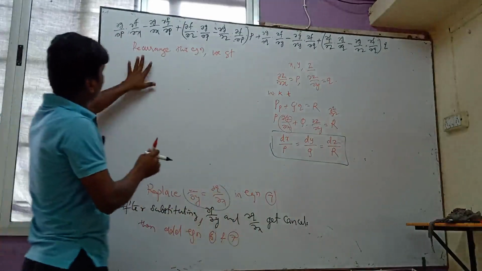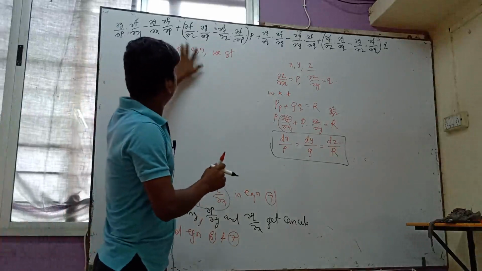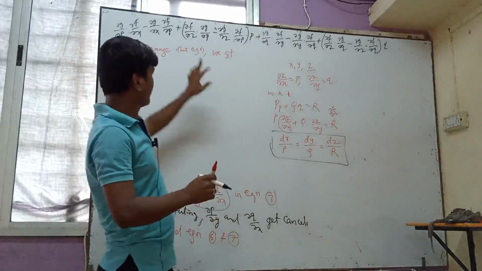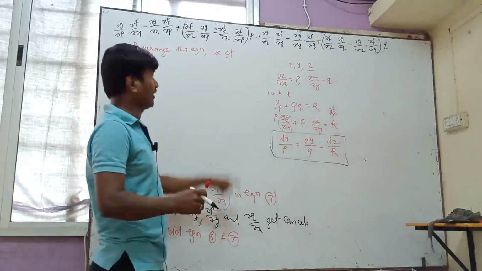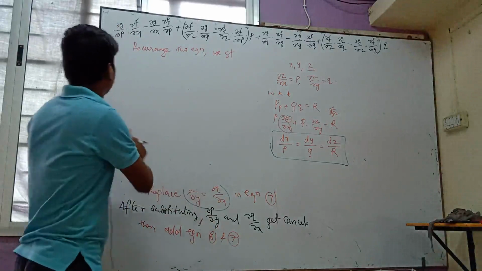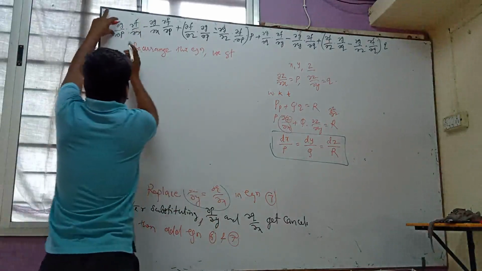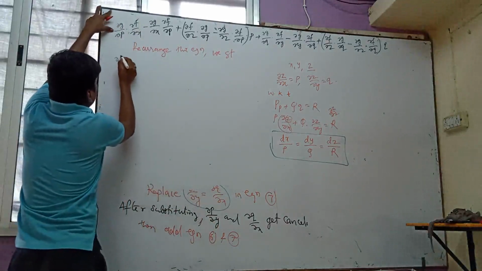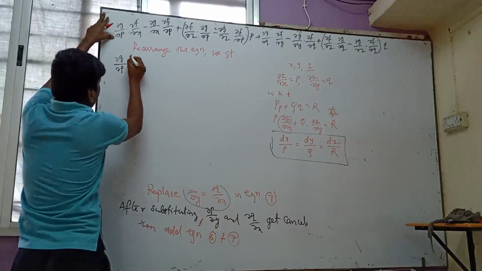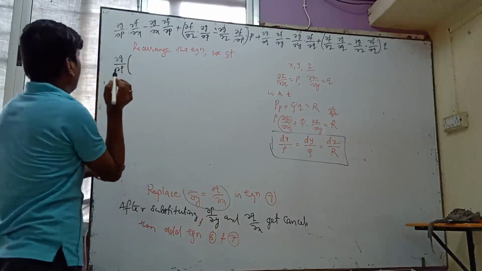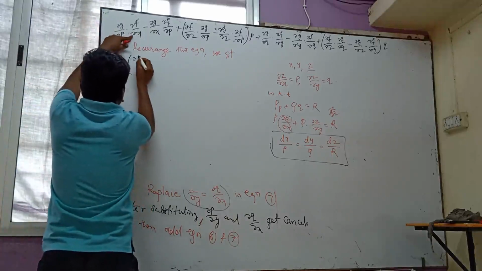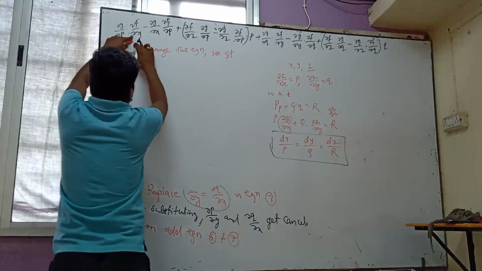Come to the point here, rearranging the equation after getting 6 and 7, after adding 6 and 7, we get this equation. After rearranging this equation, I will get here what? So I am taking ∂z/∂p outside, and here what I will get, if I take ∂z/∂p outside, ∂f/∂x on this side.